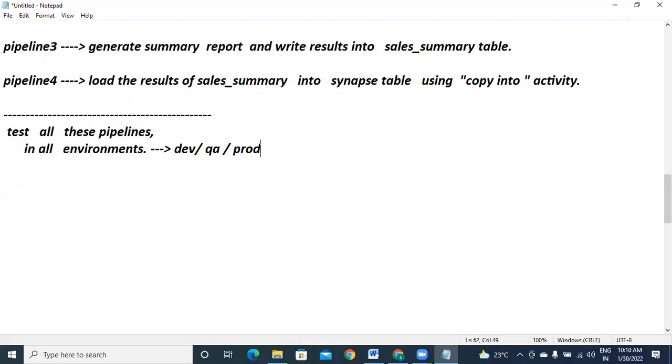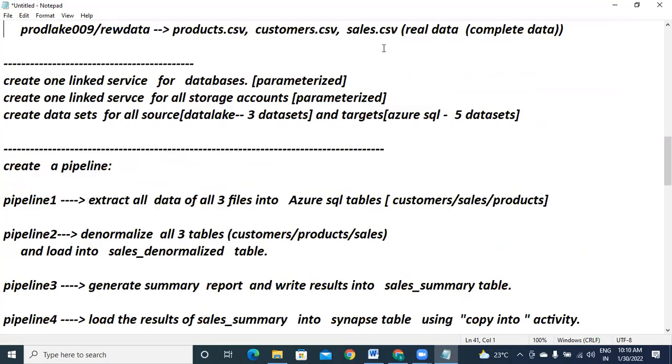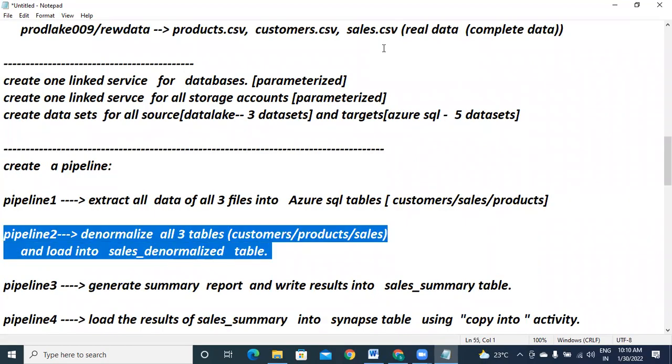Did all of you understand this scenario? So here data flows will be involved. To achieve pipeline 2 you have to use joins. Okay, I have already given a join example.